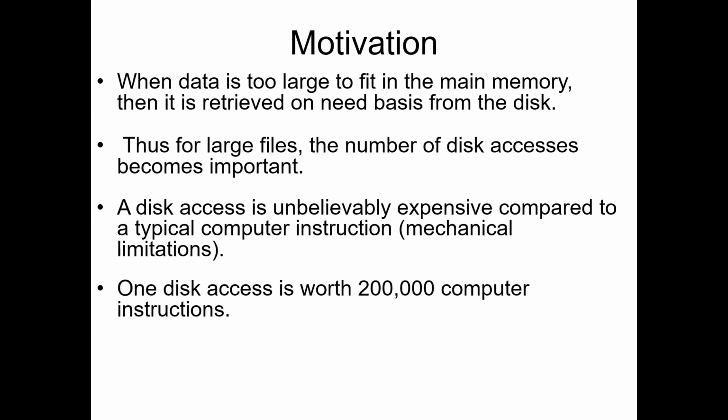If the file can reside in the main memory, then there is no issue. But for large files, like database files that have too much data and may reside on the secondary storage, in such cases, the retrieval may become critical.